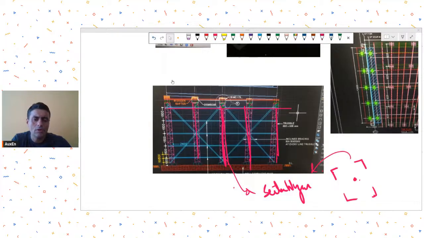So you apply the loads on these beams, the secondary beams, as UDLs, and then you consider the basics of dead load and live load. Some people do consider wind loads also.